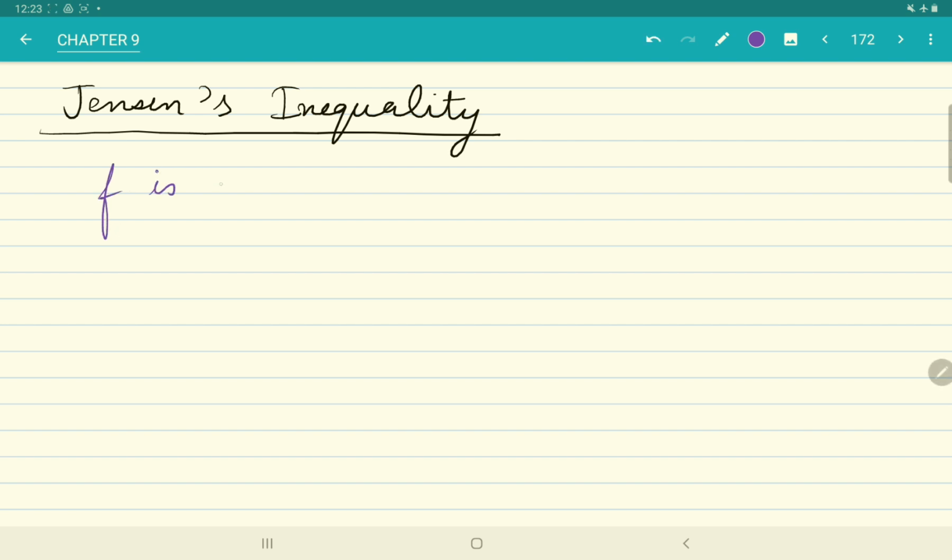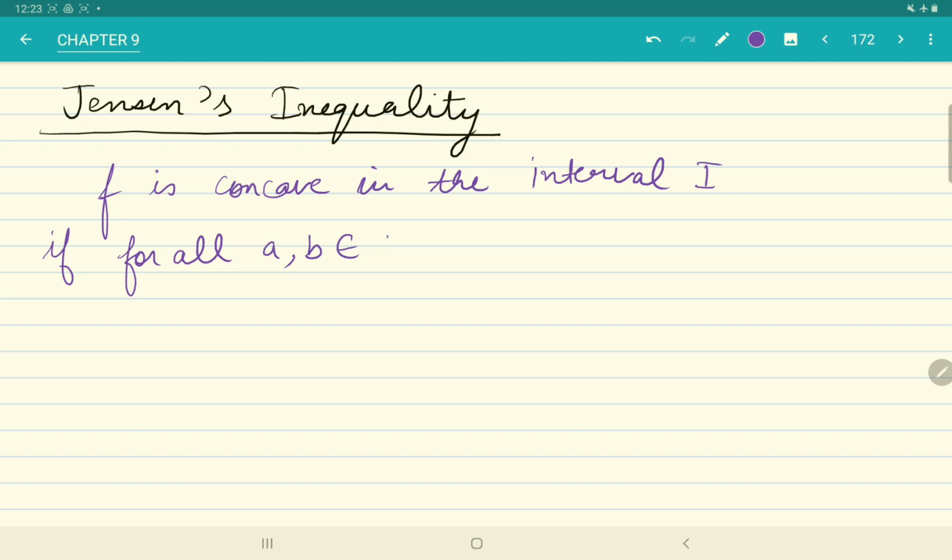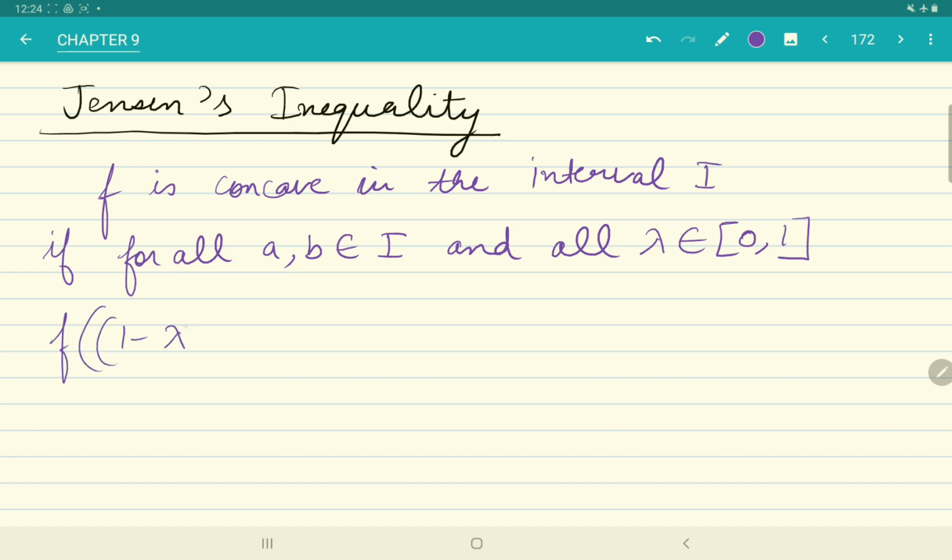F is concave in the interval I if for all a, b belonging to I and all lambda belonging to this, we have f of (1 minus lambda) a plus lambda b.